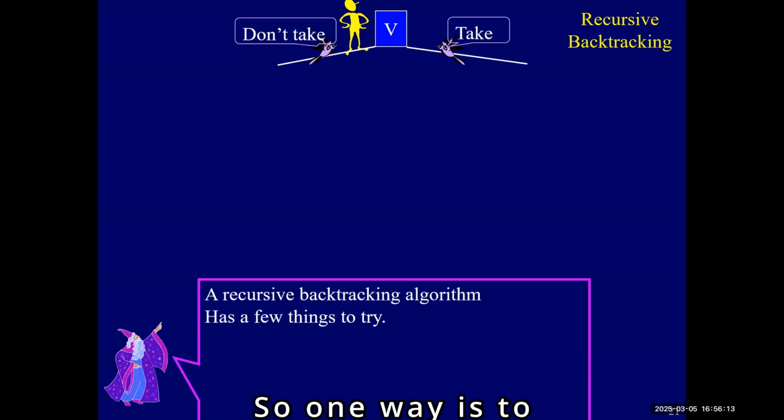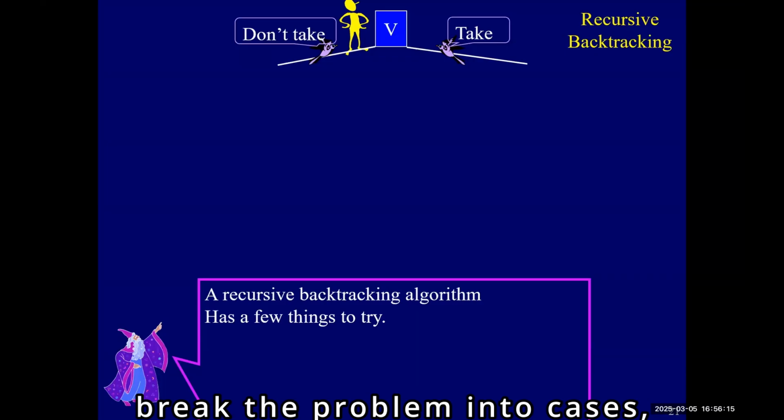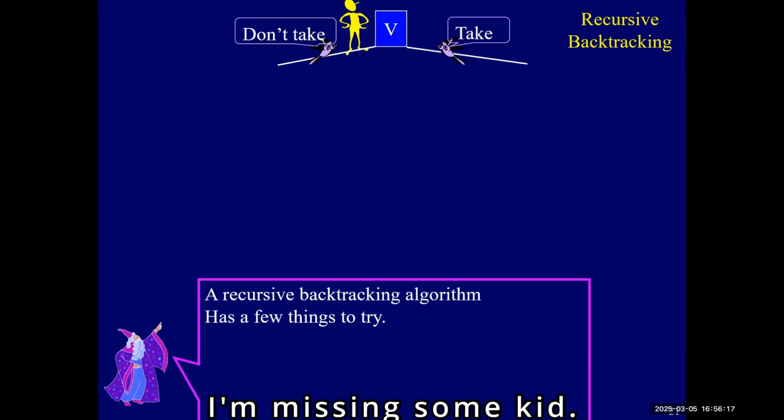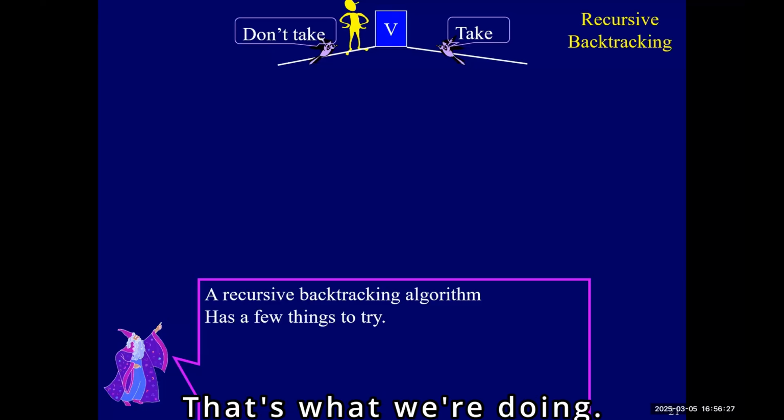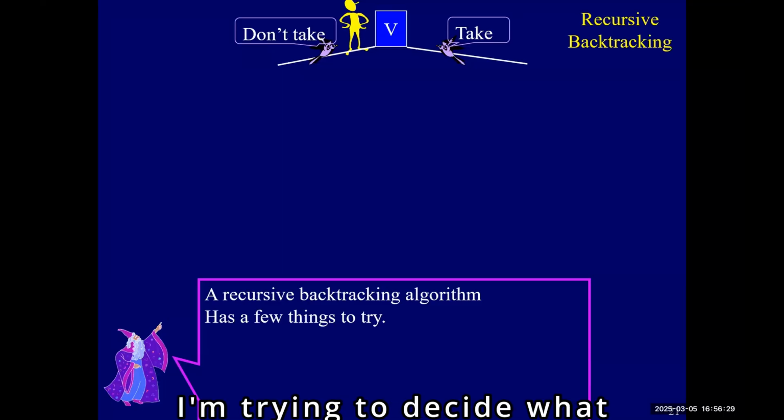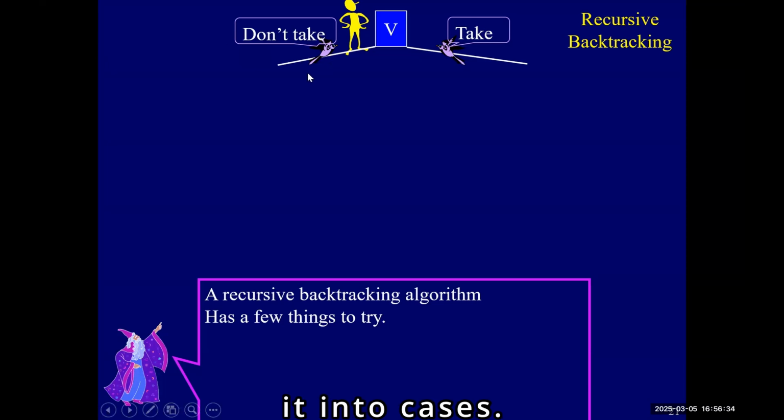One way is to break the problem into cases. I'm missing some kid. He's either over at school or at his friend's house? Cases. That's what we're doing. We divide into cases. I'm trying to decide what to put in the knapsack. I can break it into cases. I either put the bear in or I don't. I set X to be true or set it to be false.